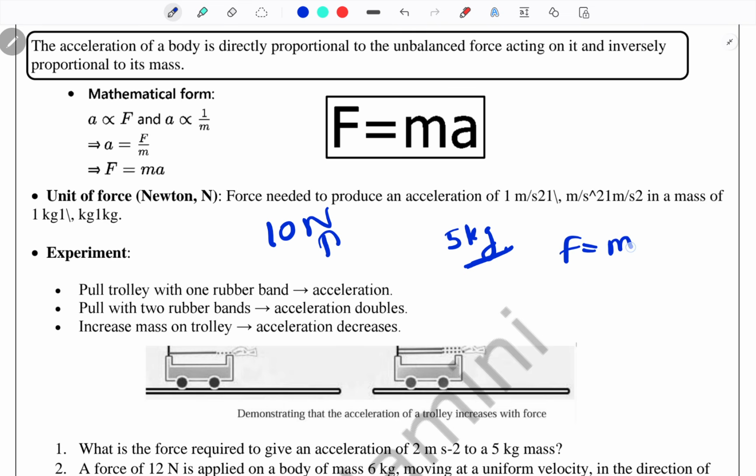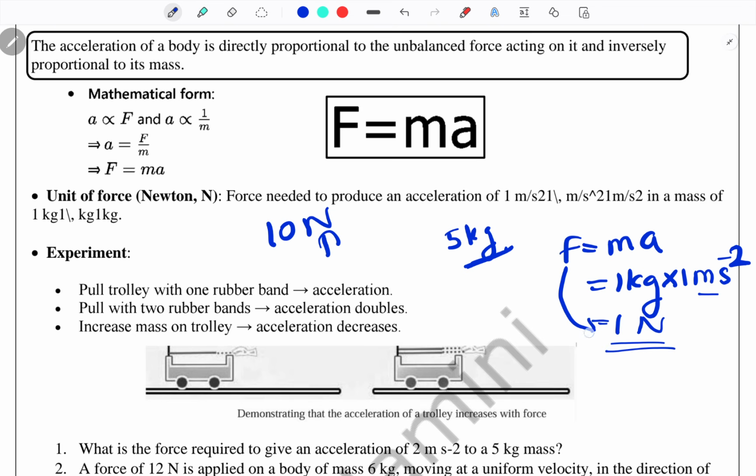Think, F equals ma, no? So you are taking a 1 kg object, and the acceleration is 1 meter per square second. I think if you don't know how to read this unit, try my previous video. Then we can write like this.